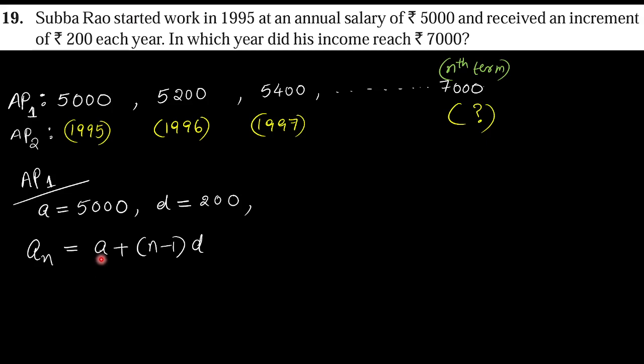Let me substitute a as 5000. The number of terms I don't know. The common difference is 200. This is the formula for finding the nth term of the first AP, which is 7000.